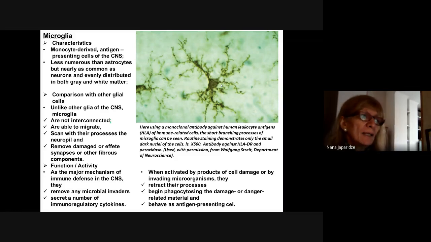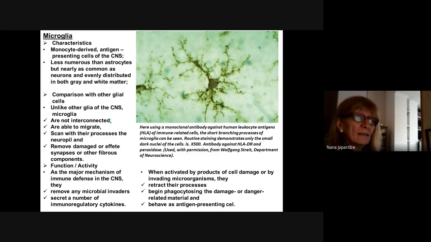And they are also derived from the monocyte precursor cells. They are less numerous than astrocytes, but the amount is approximately the same as the amount of neurons.